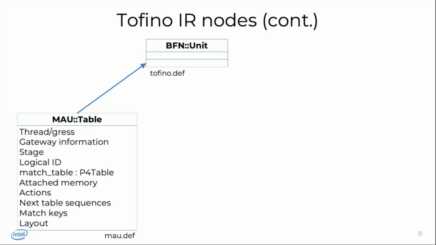So it might be something like, if is IPv4, then execute this table. We've got stage information, we've got a logical ID. Here, we also map back to the original P4 table object, and you can see there's other properties there as well that I'm not going to go over.